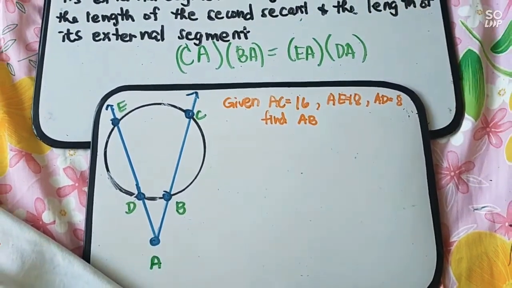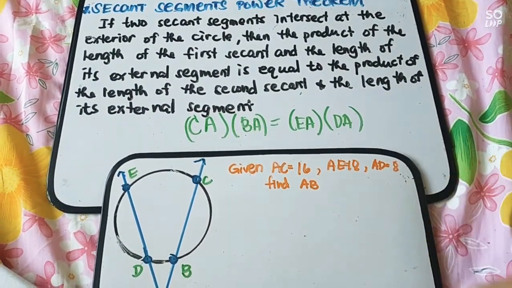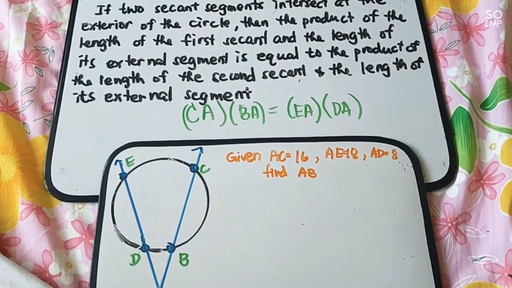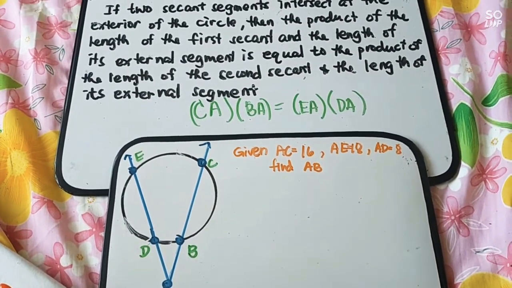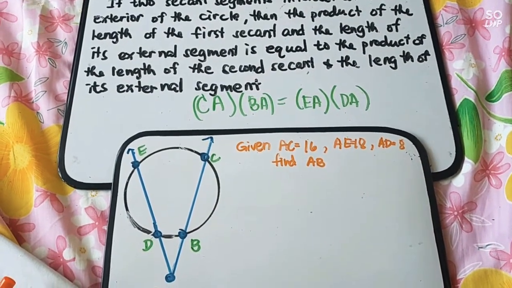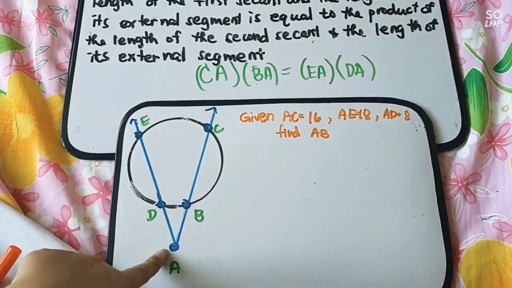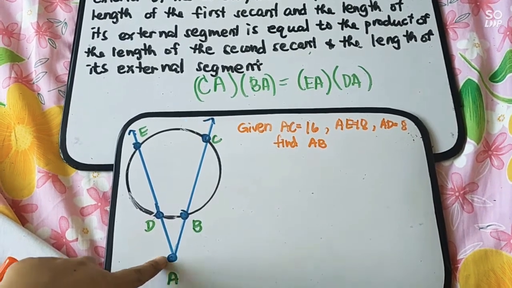Okay, do you get it? Again, in our secant segment power theorem, we involve two secant segments. They intersect at the exterior point. This is the exterior point. Then the product of the length of the first, our first secant CA, is the product with its external segment.